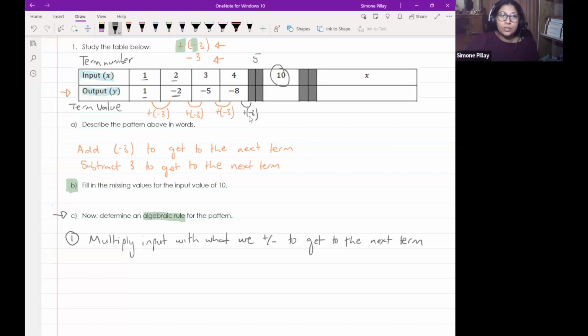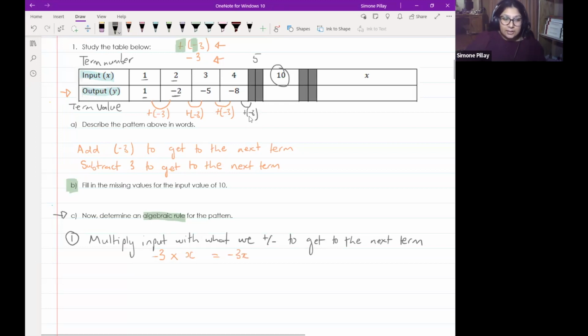So the first thing we're going to do is we multiply our input. And what is my input? My input is x. And we multiply it with what we were plussing or minusing to get to the next term. And we were adding -3. So if you were confused on what I did, I took -3, I multiplied it by x, and that gave me -3x.